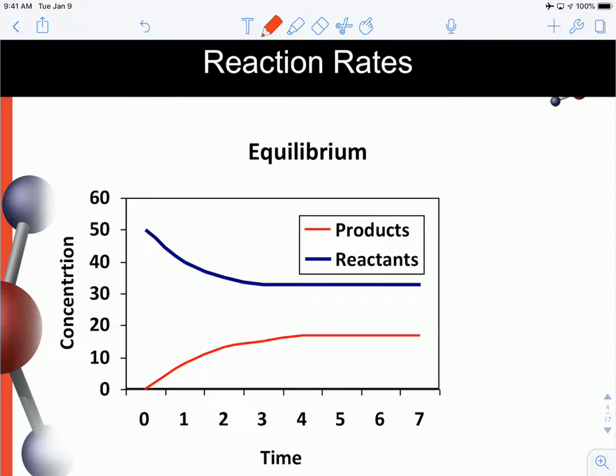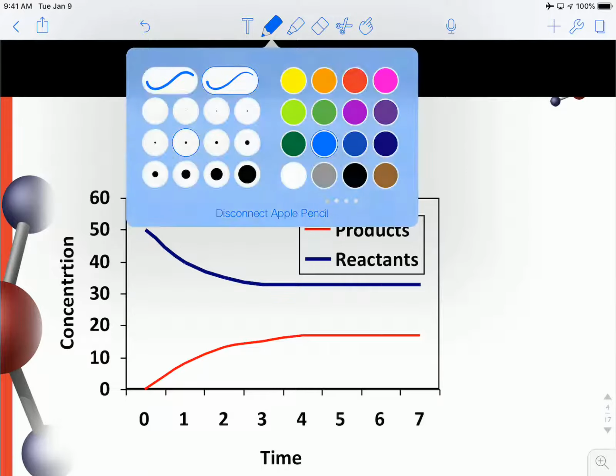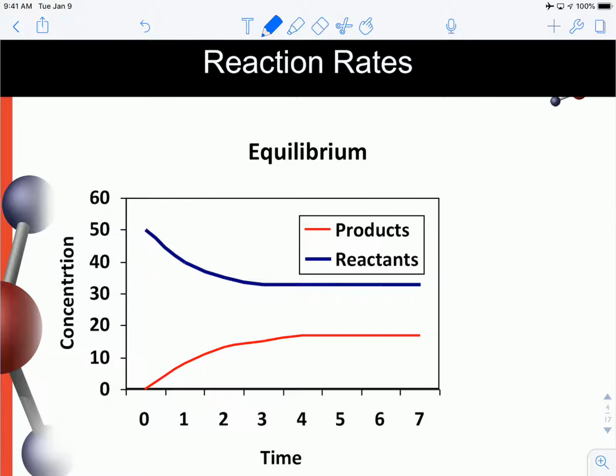Now, we've mentioned equilibrium in general chemistry more than once, and it's going to be a major topic in Gen Chem 2. And this graph is meant to show you the concentration of the reactants versus the concentration of the products over time. And it very clearly shows you now what equilibrium really means. Equilibrium is reached when the concentrations stop changing, if you will.